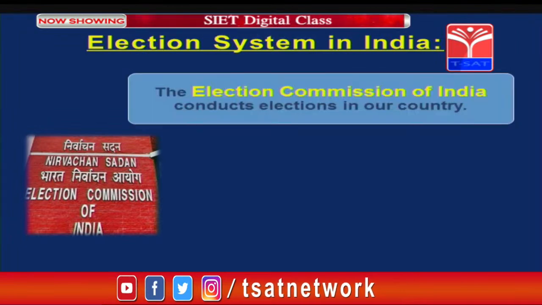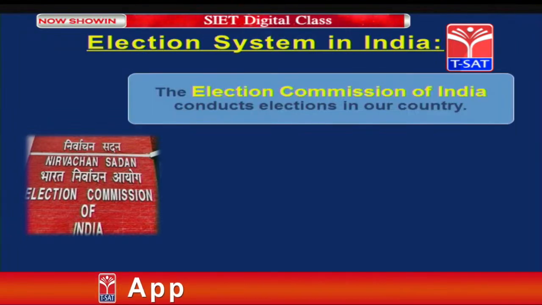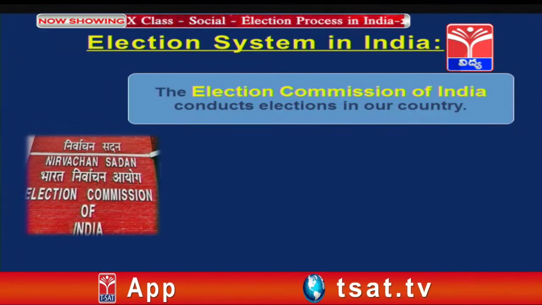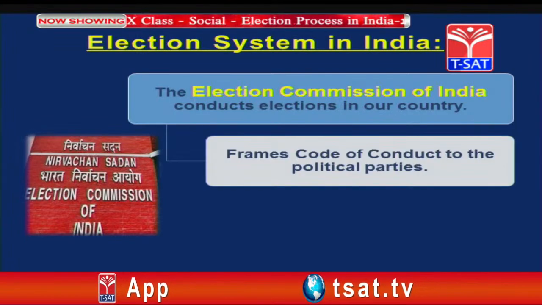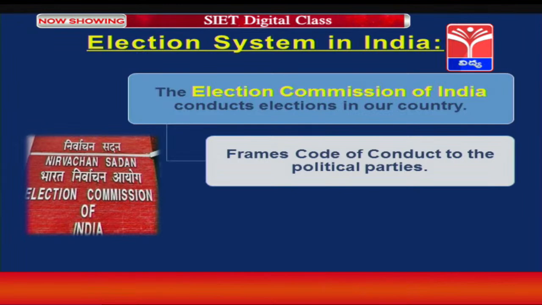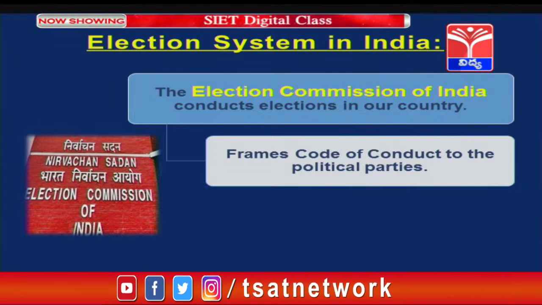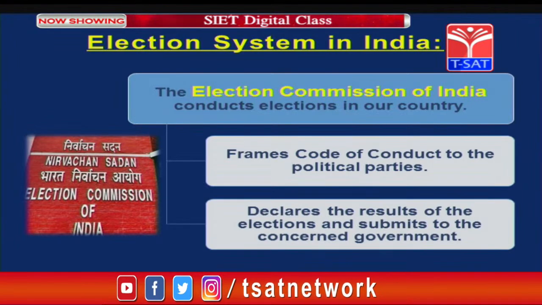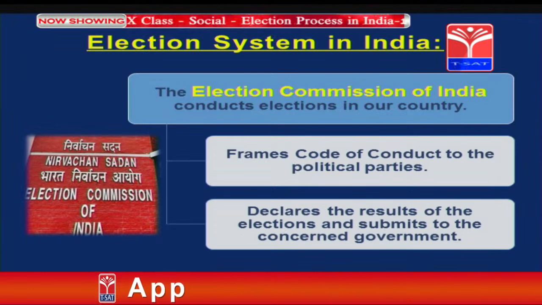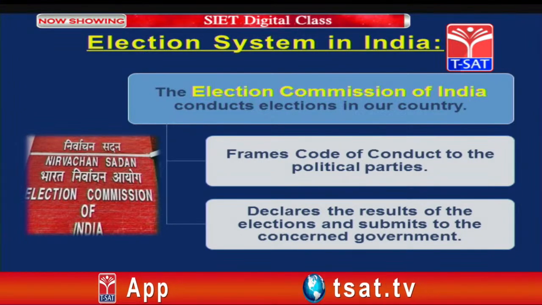So, in India, the Election Commission of India conducts elections in the country and it frames some code of conduct for the political parties. Code of conduct means the rules and regulations or the guidelines given to the political parties. And it also declares the results of the elections and submits to the concerned government.